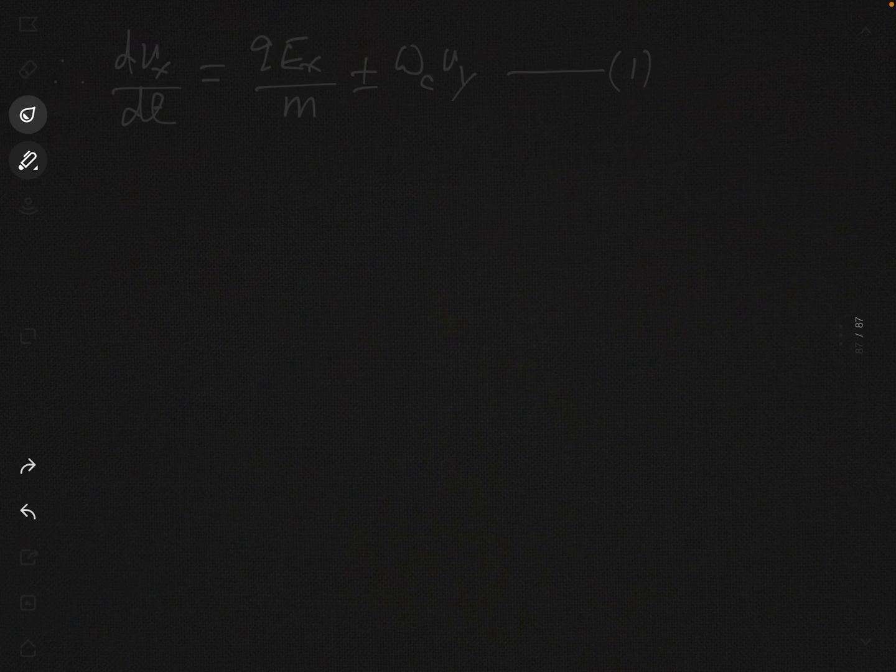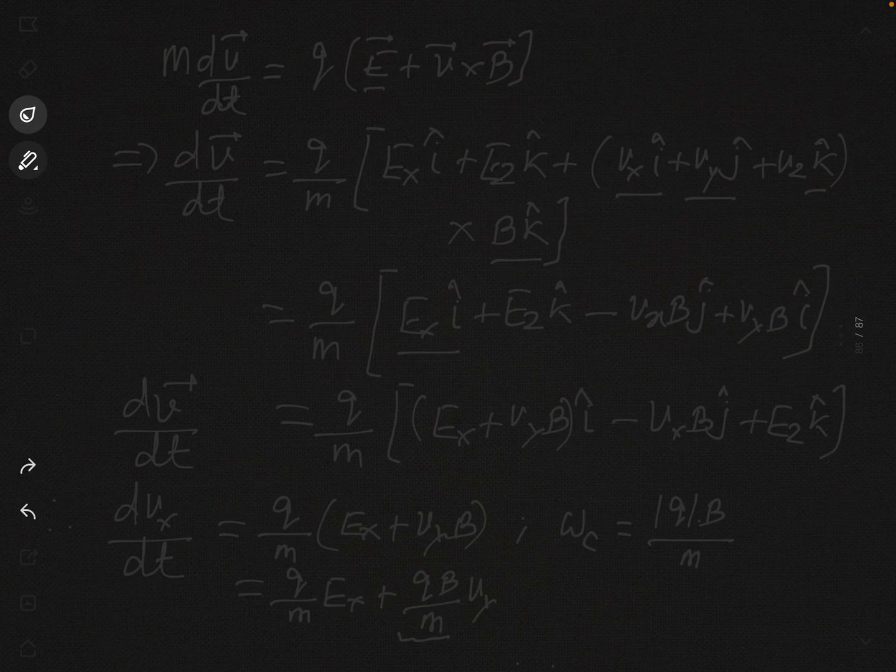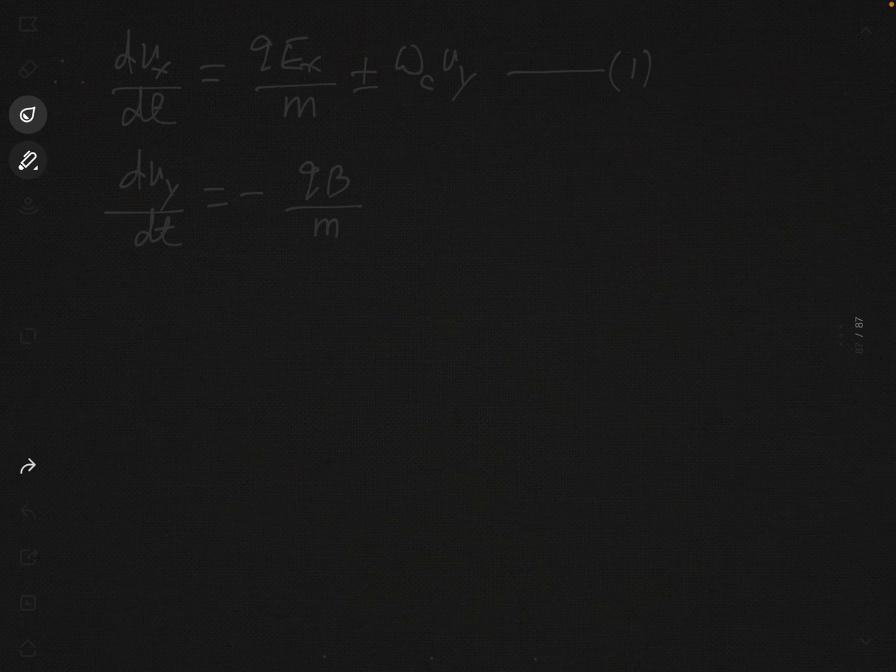So dvy by dt is equal to minus qB by m into Vx. Again, qB by m is equal to plus minus omega c, and minus is already present here.